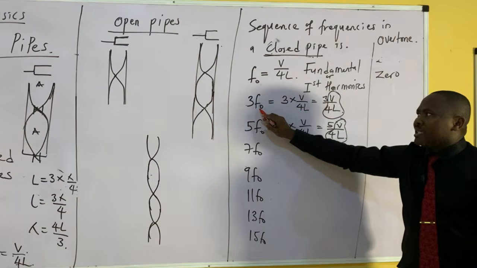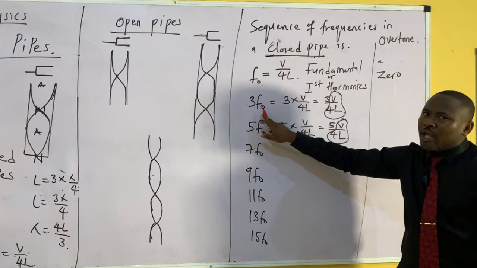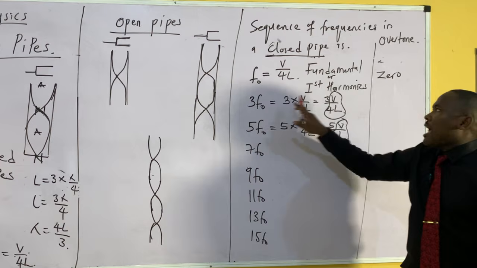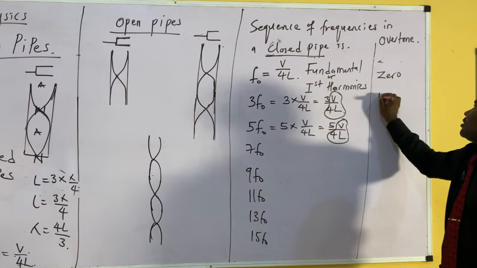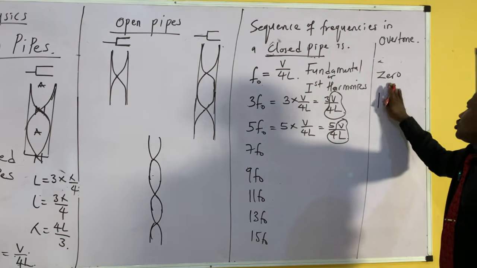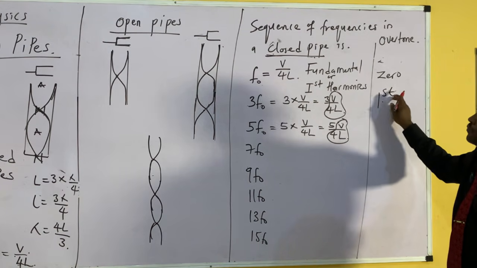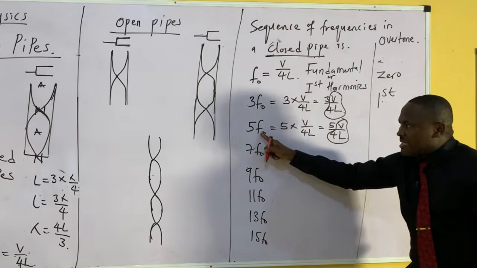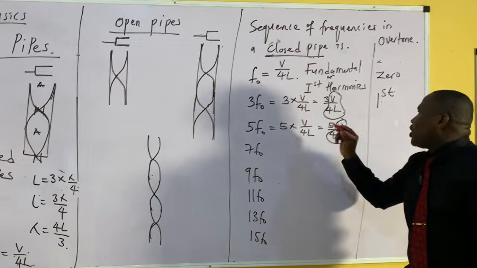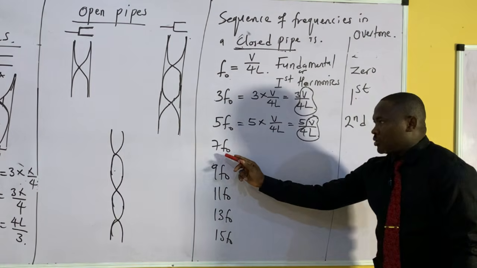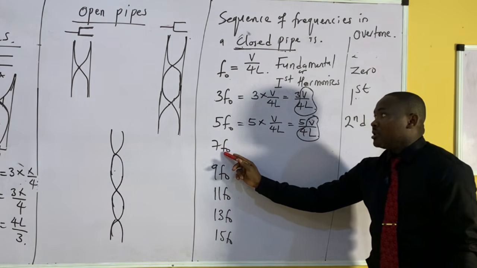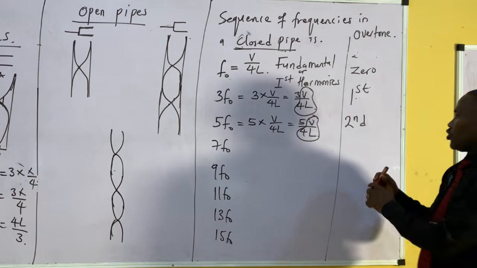Now, F3, remember, is not your second harmonics, it is your third harmonics, but your first overtone. This is your fifth harmonics, but your second overtone. This is your seventh harmonics, but your third overtone.